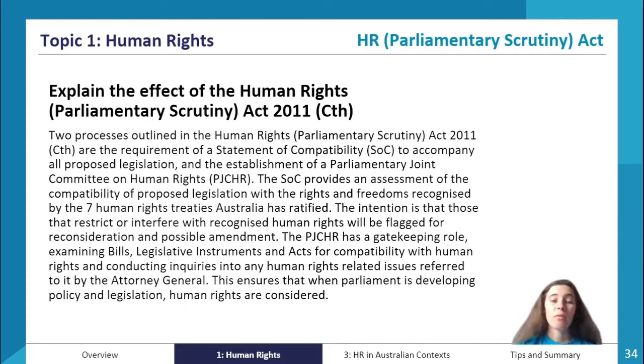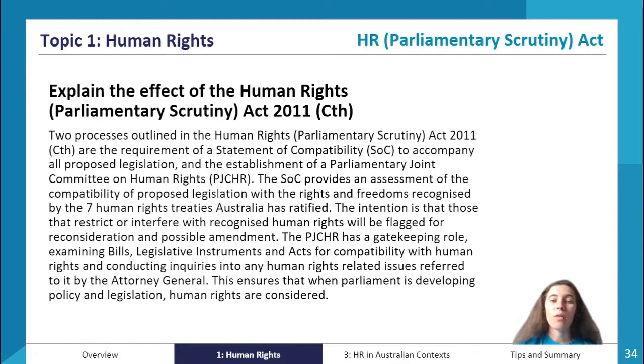One of them is the requirement of a statement of compatibility to accompany all proposed legislation, and another is the establishment of a Parliamentary Joint Committee on Human Rights.